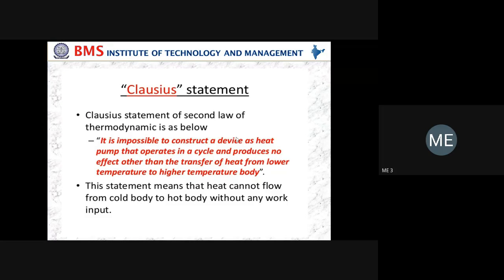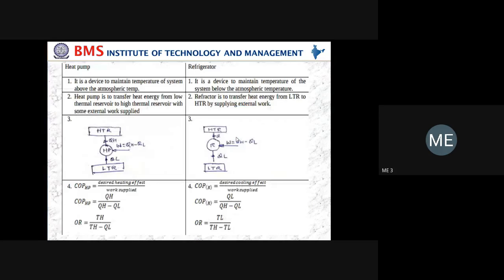In the previous class we studied the heat pump and refrigeration. There will be work supplied, and the heat transfer takes place from the lower temperature reservoir to the higher temperature reservoir. If you do not supply the work, the heat pump will not work. So heat cannot flow from the lower temperature reservoir to the higher temperature reservoir without the aid of external work supplied to the system. That is the meaning of the Clausius statement.